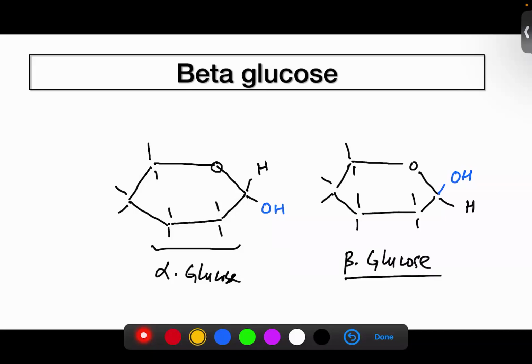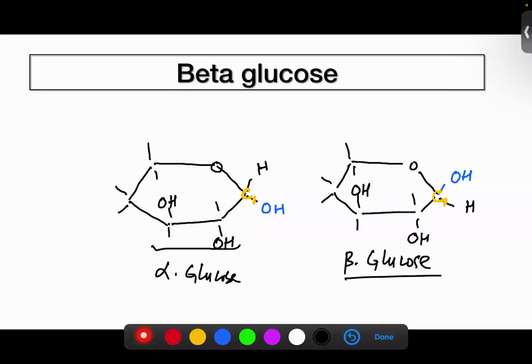So do you see this is the difference between these two, at carbon number 1 of both alpha and beta glucose. At the rest of the other positions, the hydroxyl groups are the same. For example, at carbon number 2, there is an OH group here in both. At carbon number 3, an OH group is here.